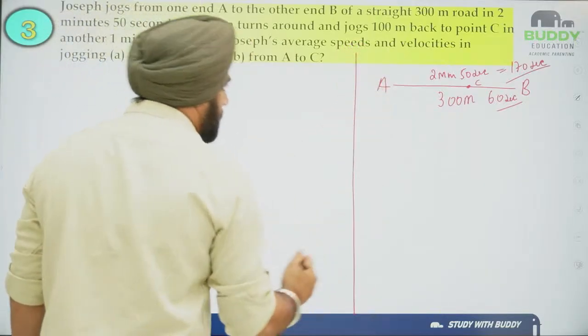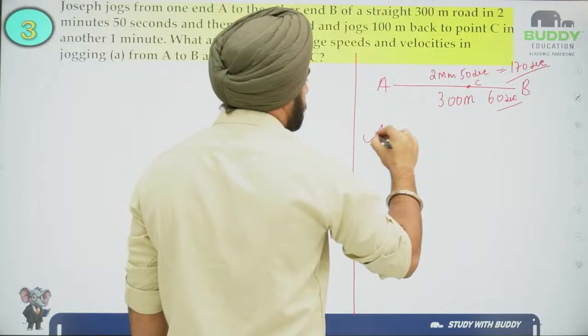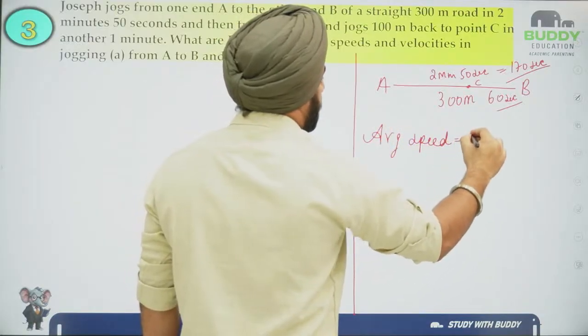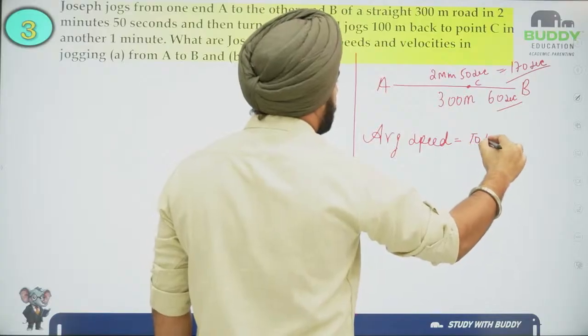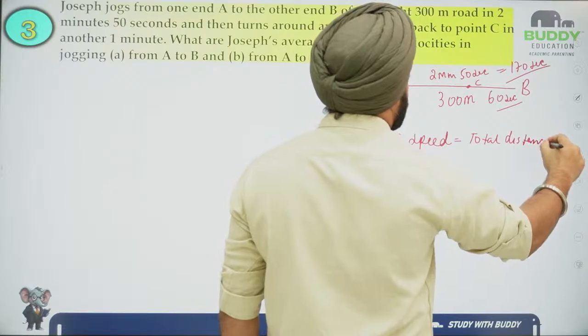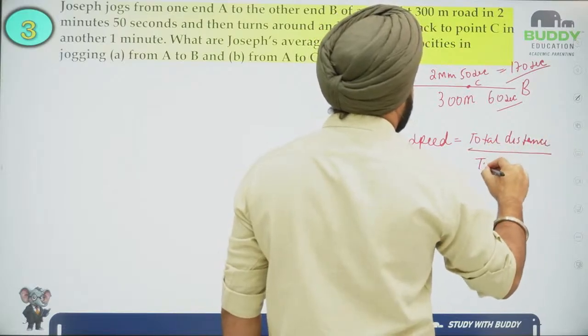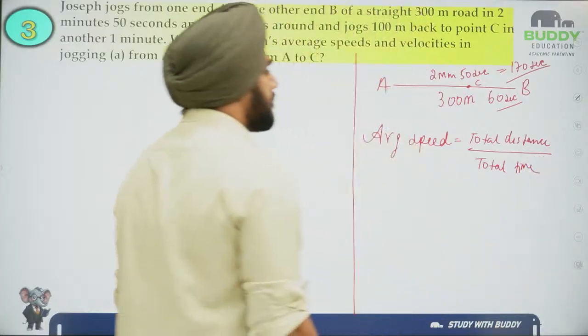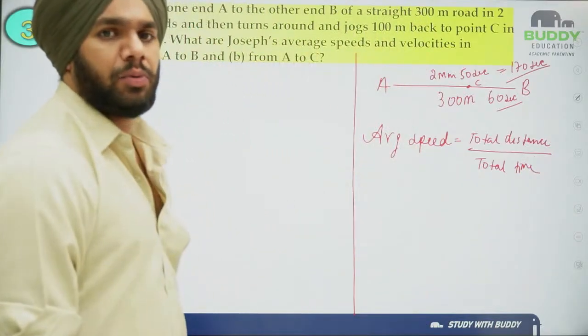For average speed, it is total distance by total time. Okay, average speed is total distance upon total time.